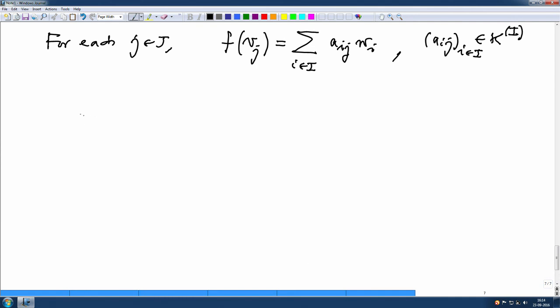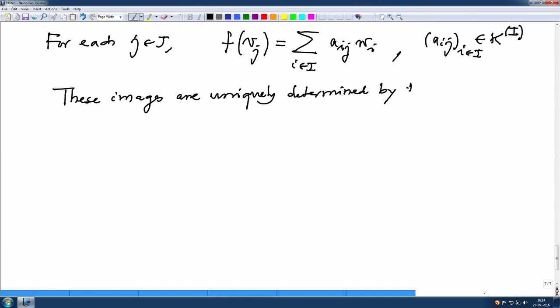So, these images are uniquely determined by the coefficient system.